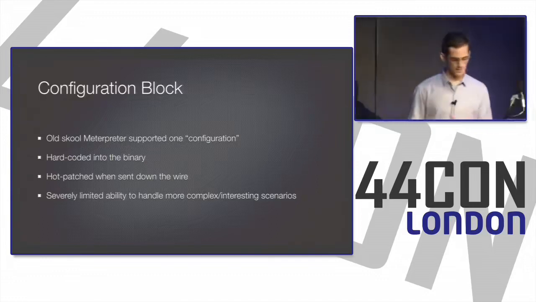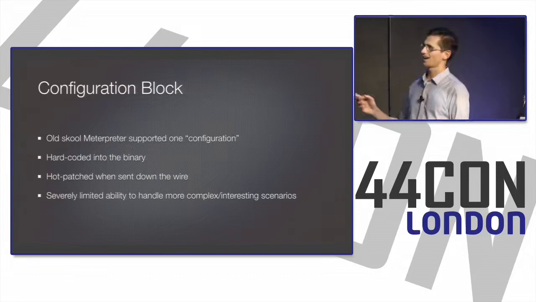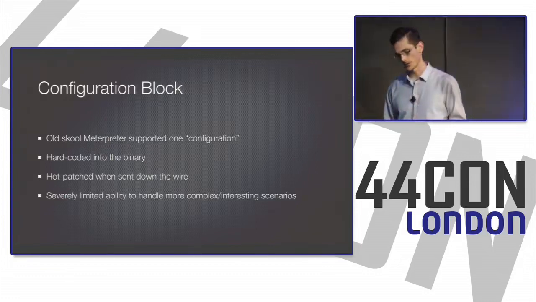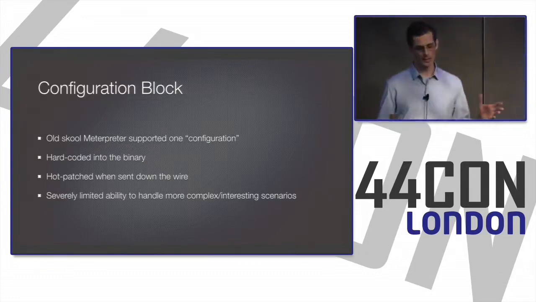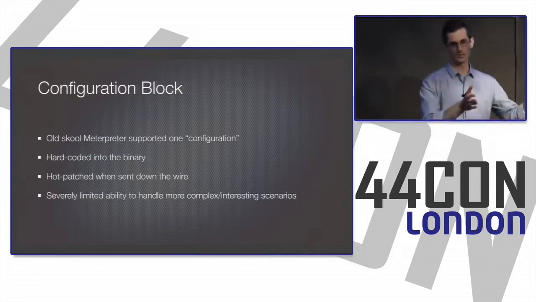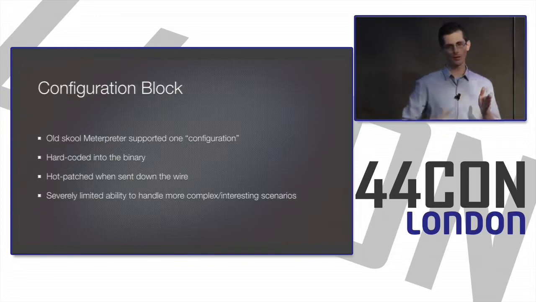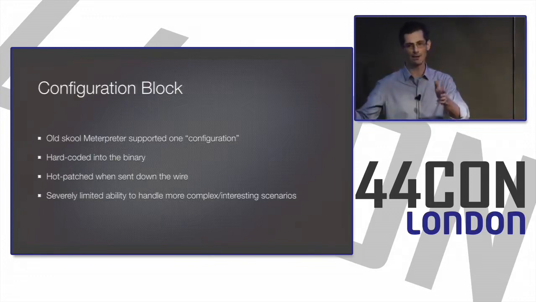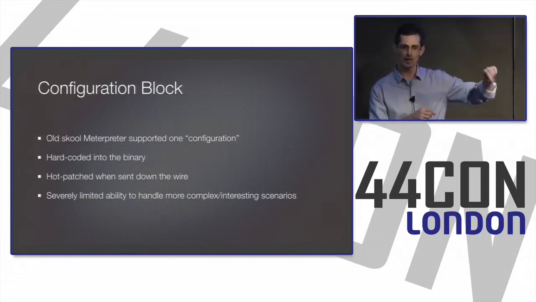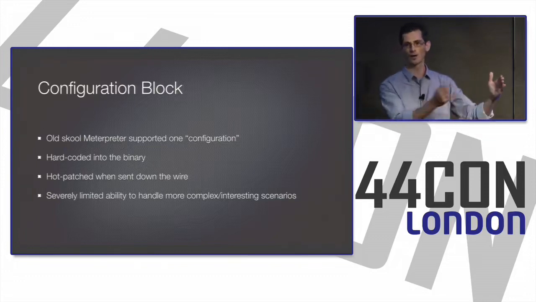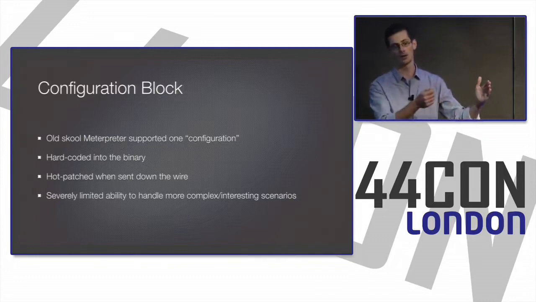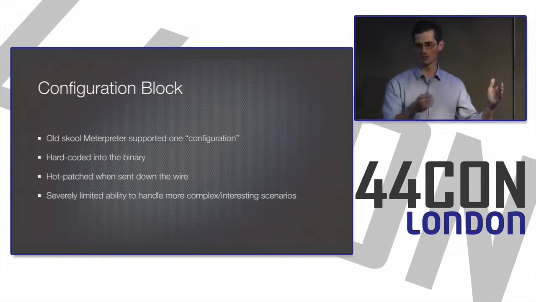Okay, so when I say it's hard-coded into the binary, that's probably not the best use of words. What it's actually doing is we take a copy of metserv off disk, hot patch it. We're about to send that down the wire. We generate a config block and we stick it immediately after. And then when we're hot patching, we give it a hint to know how far ahead of metserv itself is where the config block starts.